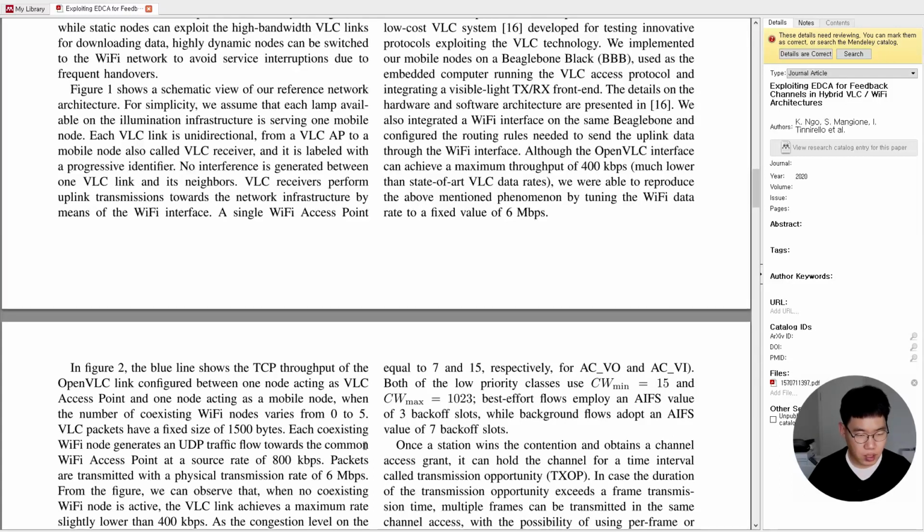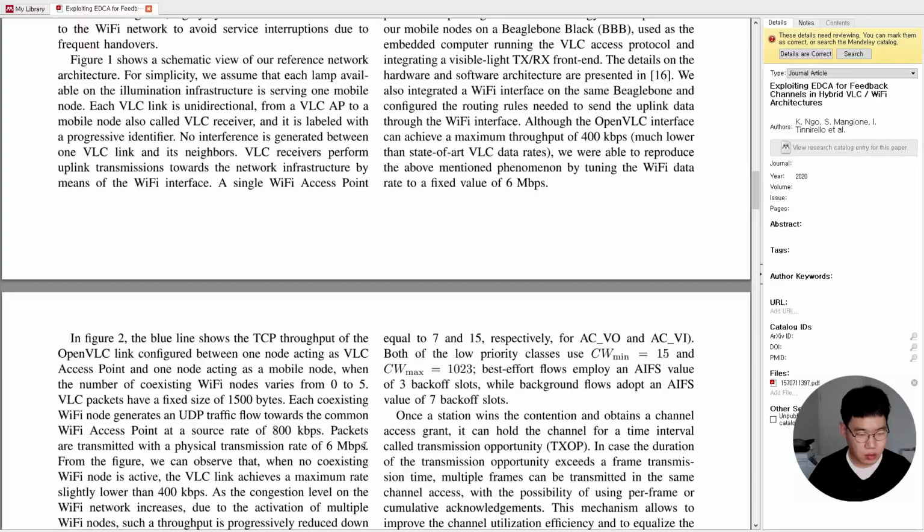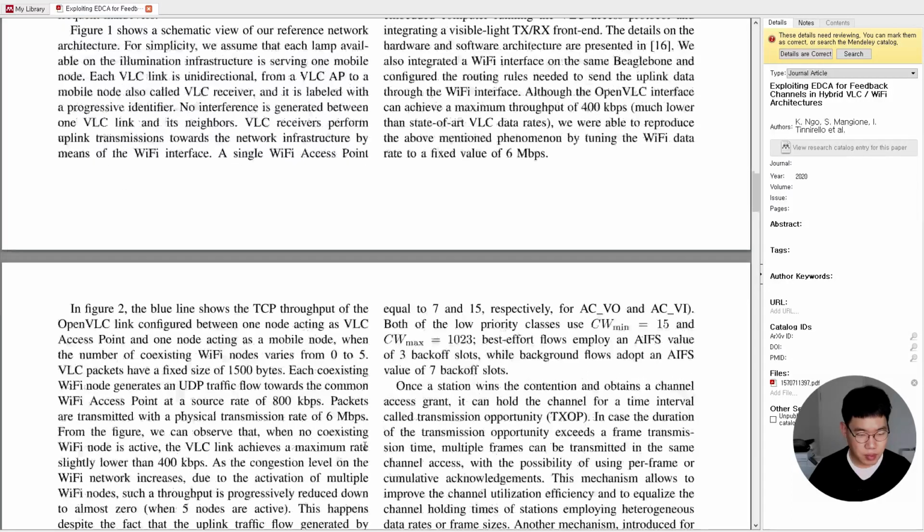From the figure, we can observe that when no coexisting Wi-Fi node is active, the VLC links achieved a maximum rate slightly lower than 400 kbps. As the congestion level on the Wi-Fi network increases due to the activation of multiple Wi-Fi nodes, the throughput progressively reduced down to almost zero when 5 nodes are active.